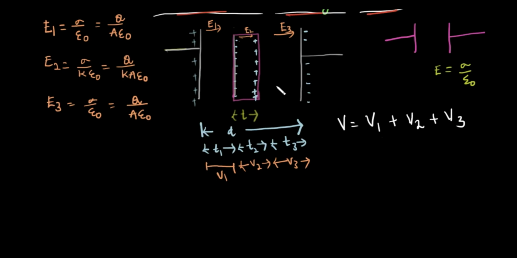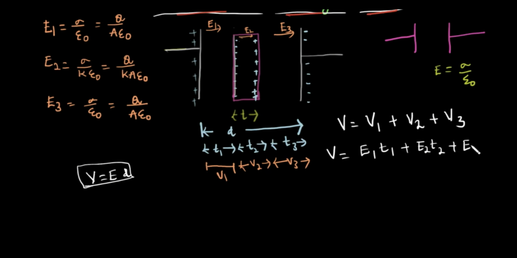V1 is equal to E1 into T1, because V is equal to E into distance. So V is equal to E1 T1 plus E2 T2 plus E3 T3.